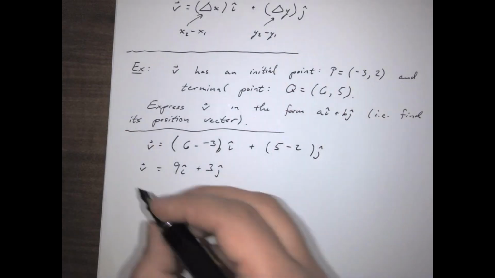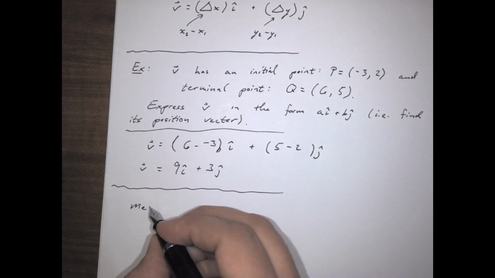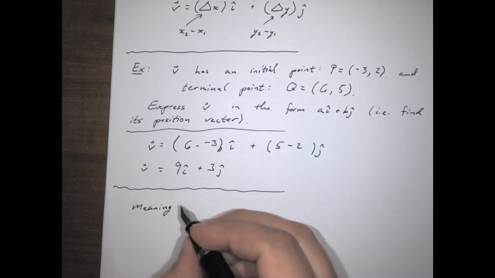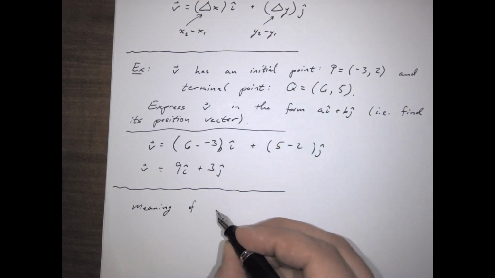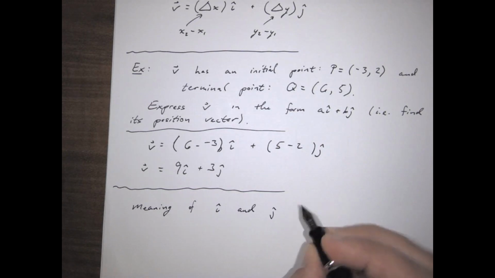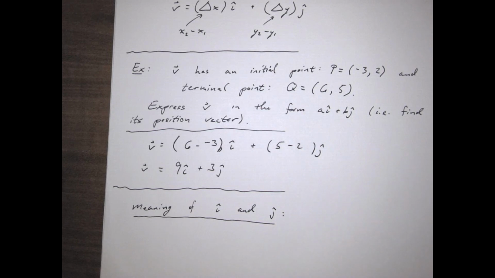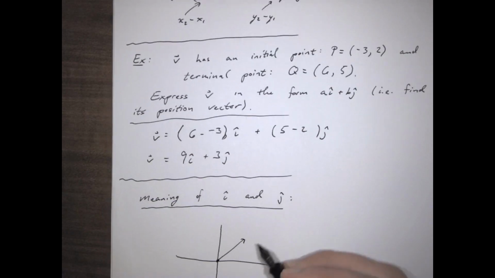Now the meaning of i and j. It's easiest to see if we just look at it graphically on the xy plane. So draw v with its tail at the origin and its head just pointing that way.